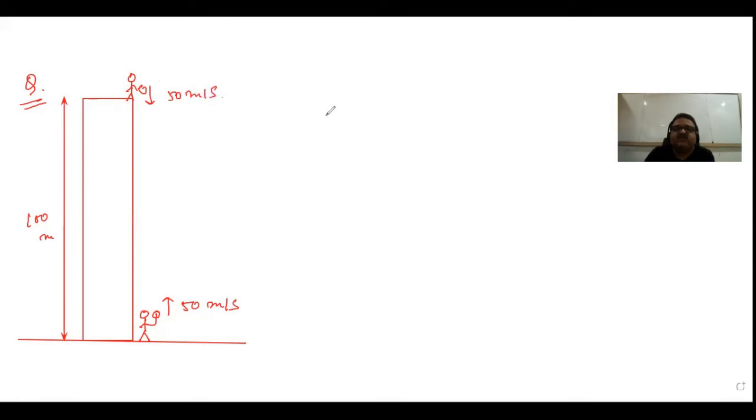In the question, we have to find out, number 1, the time after which the balls cross each other.